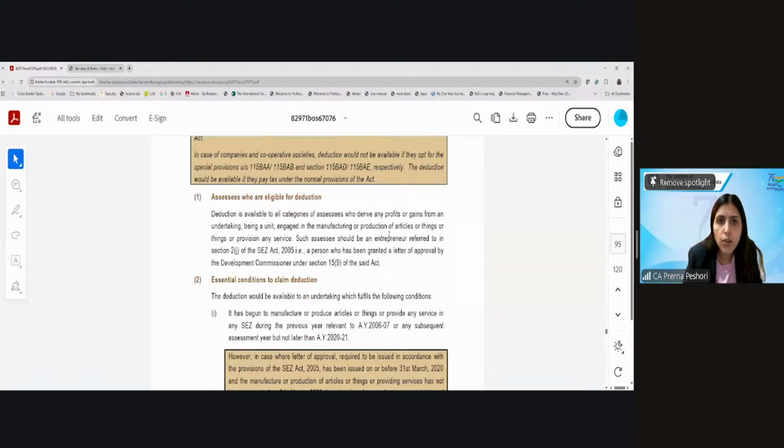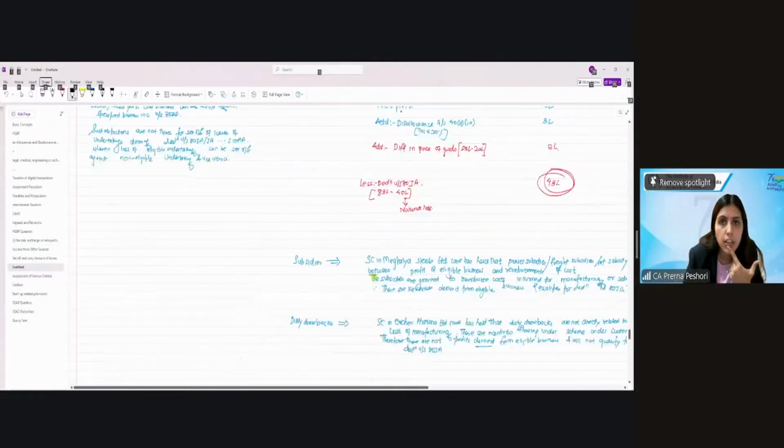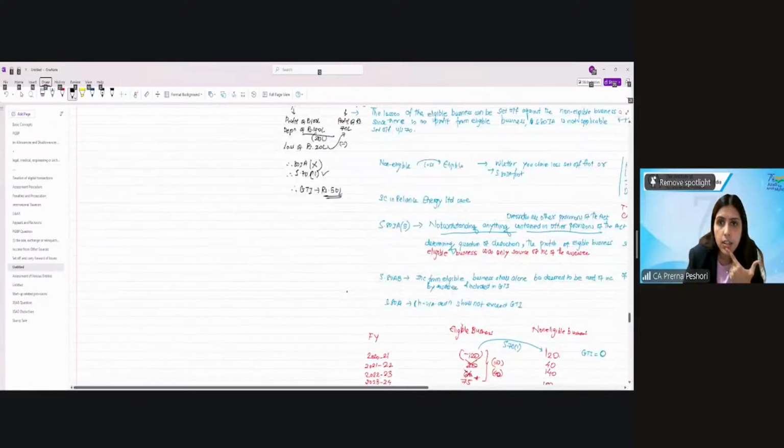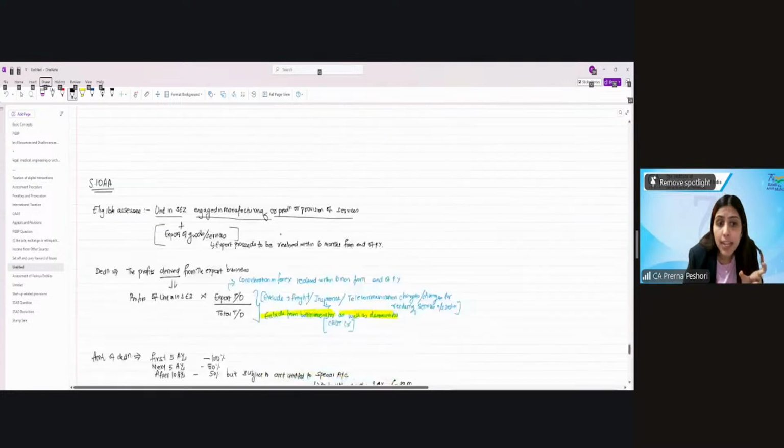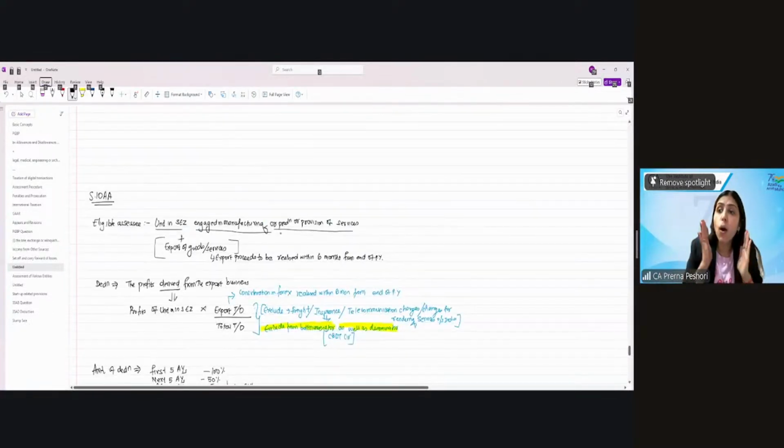So, if you look at this, one second, I think there's some problem with this app. Yeah. If you look at this, what did I tell you? 80IAB was to the developer of SEZ, whereas 10AA is for the unit which is operating in SEZ and manufacturing and exporting the goods outside India.